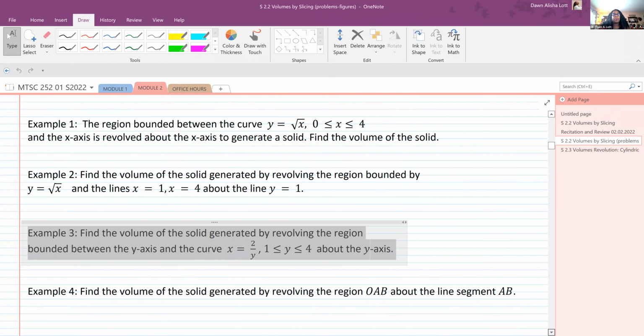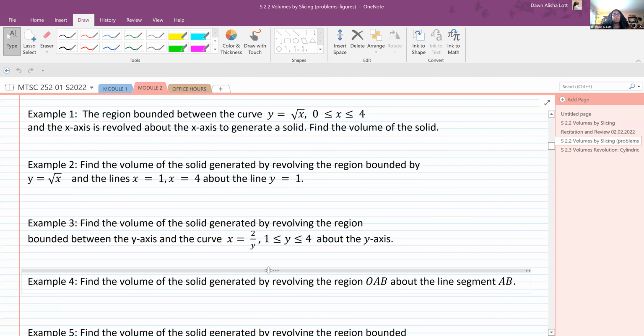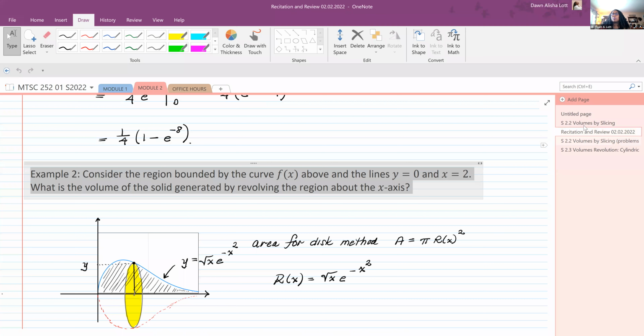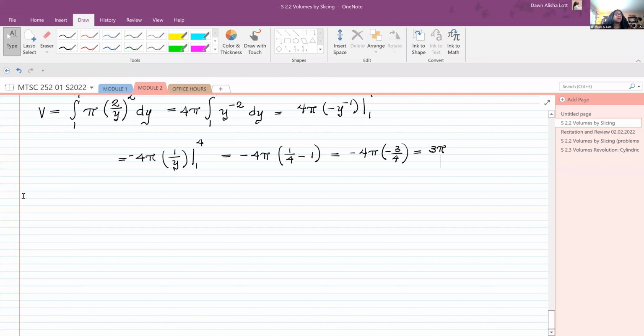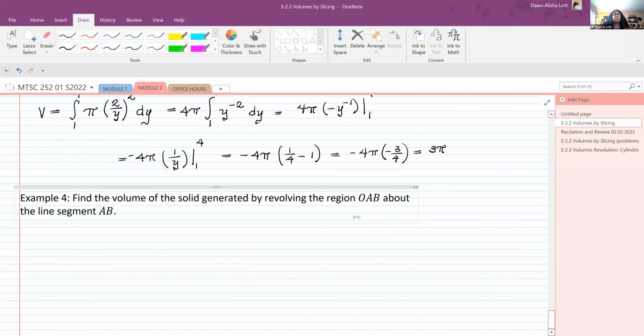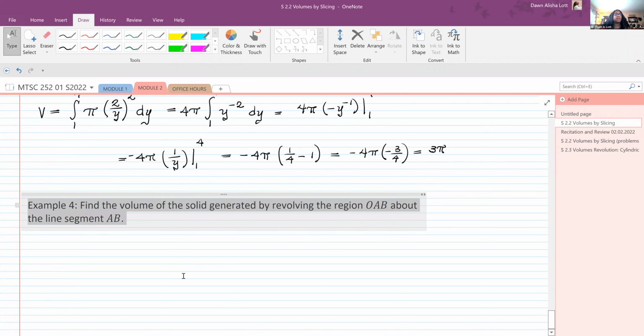I think we are on problem 4. Here is problem 4, our next problem. I'll give you a minute to copy it down. It says find the volume of the solid generated by revolving the region OAB about the line segment AB.